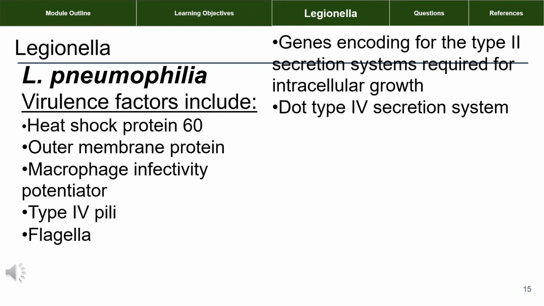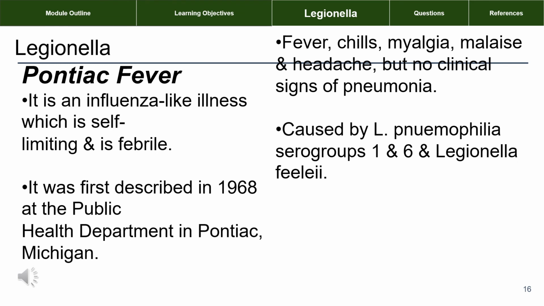Its virulence factors include heat shock protein 60, outer membrane protein, macrophage infectivity potentiator, type 4 pili, flagella, and the genes encoding the type 2 secretion system and the Dot/Icm type 4 secretion system. Pontiac fever is an influenza-like illness which is self-limiting and febrile.